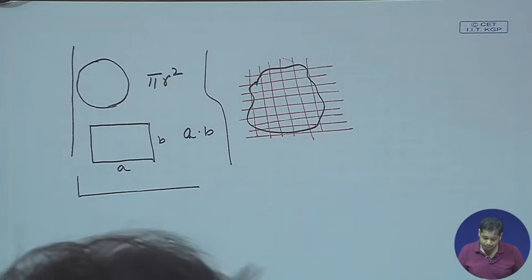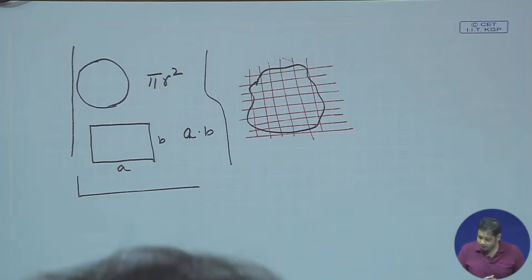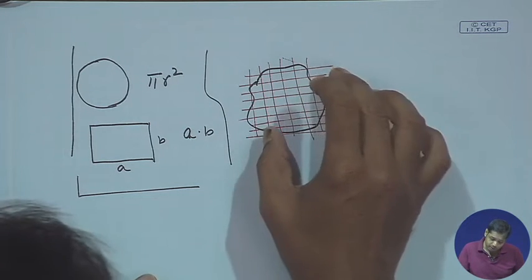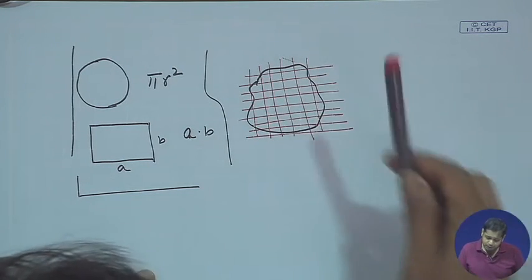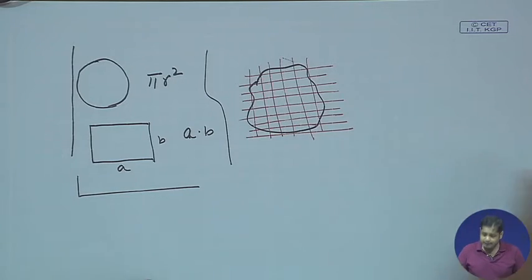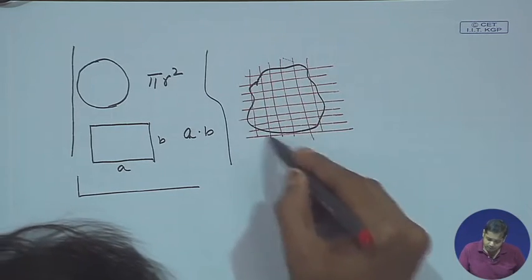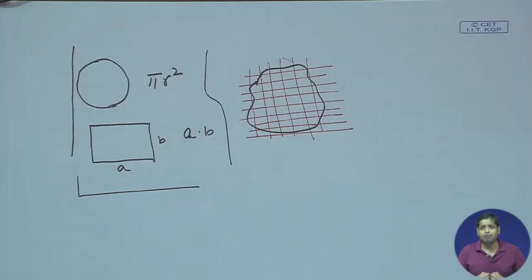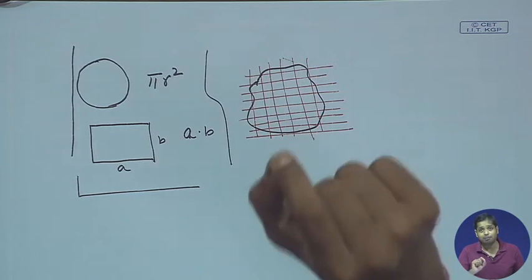This is your actual problem. Now if you somehow decompose the problem, dividing it into smaller sub problems such that for every sub problem you have the information and you know the solution.